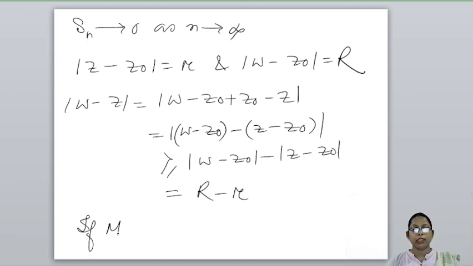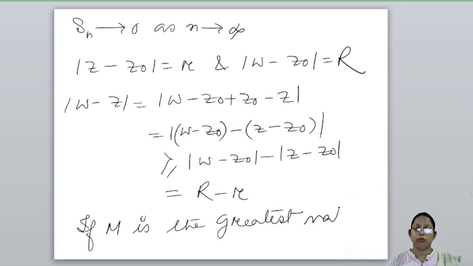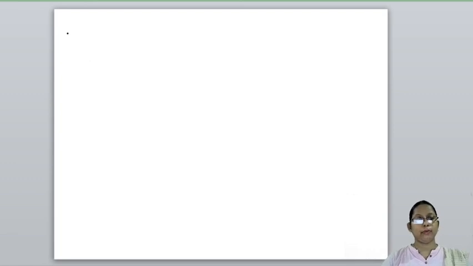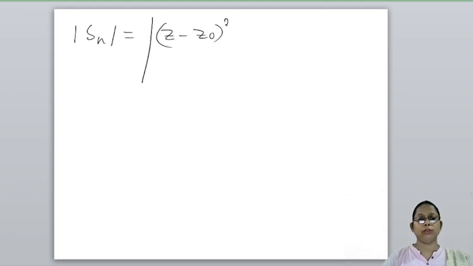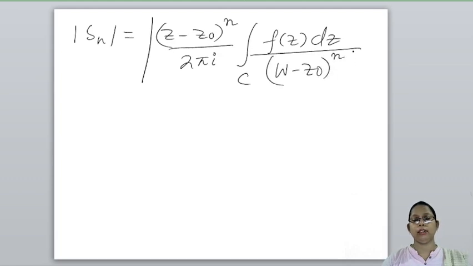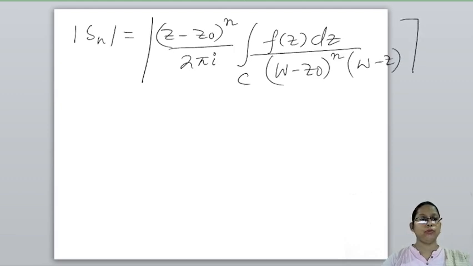If M is the greatest value of modulus f(z) on C, then we have modulus S n is equal to modulus of (z minus z naught) to the power n by 2 pi i integral over C f(z) dz by (w minus z naught) to the power n (w minus z) modulus close.